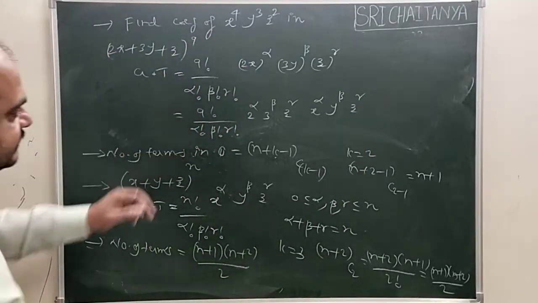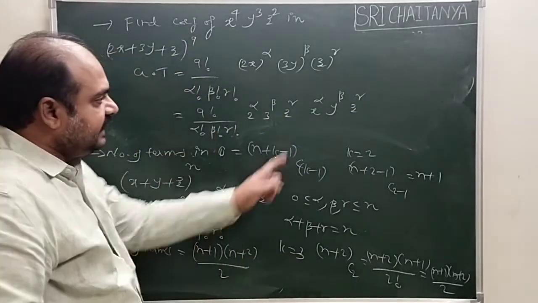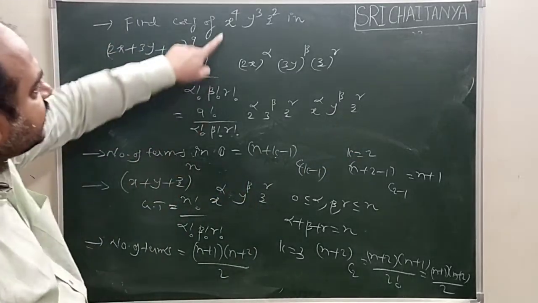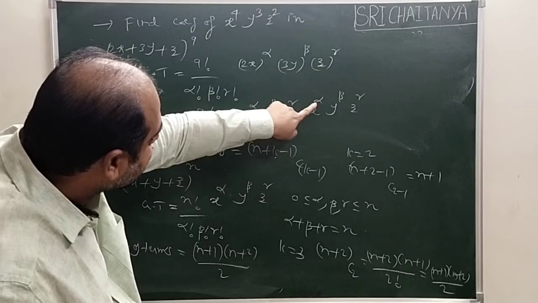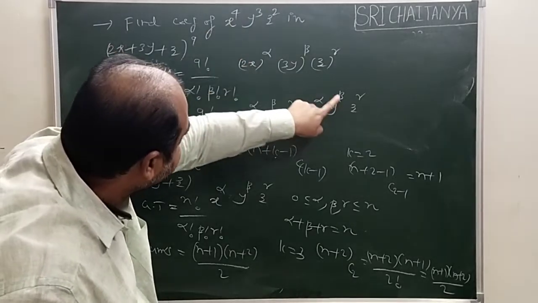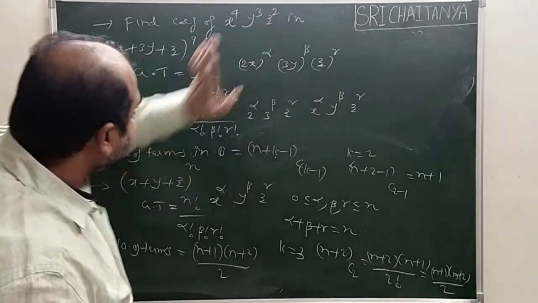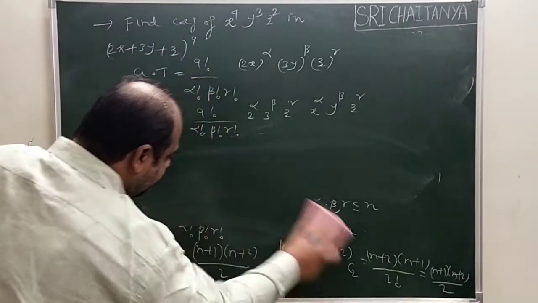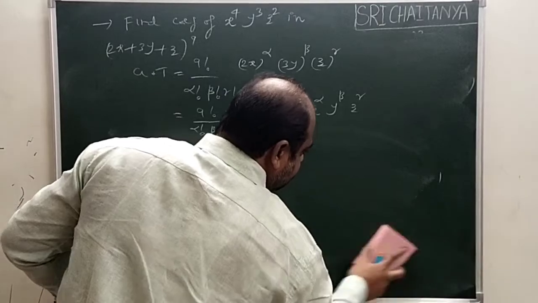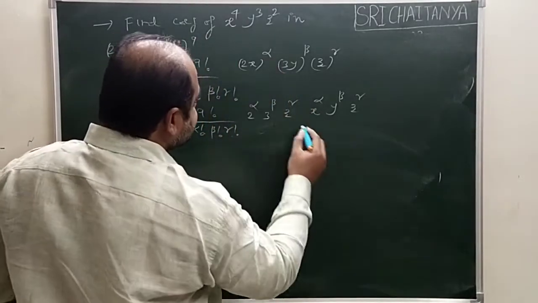Separate it like that. This is the constant, right? These are the variables. Now what he has given, you have to find. That means equate alpha to 4, beta to 3, gamma to 2. You have to substitute these values of alpha, beta, gamma.